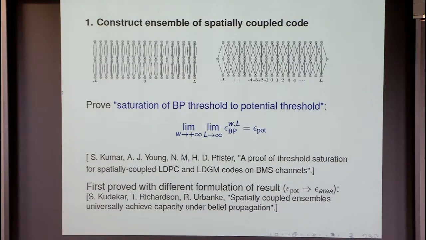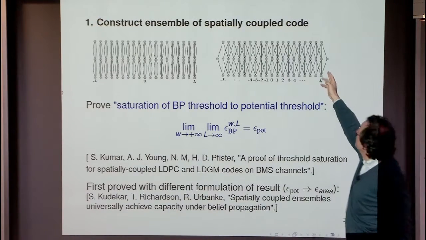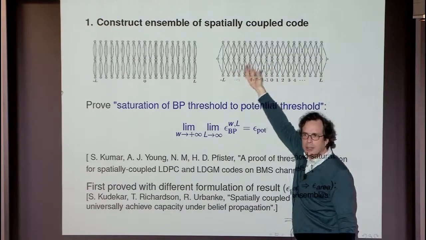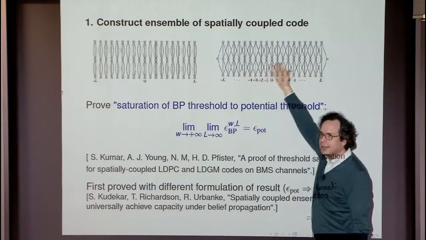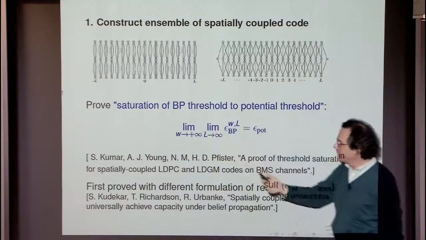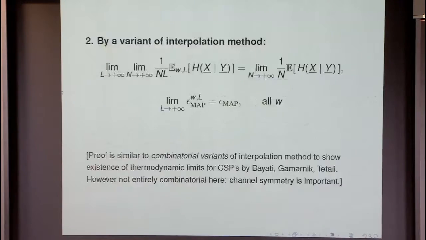And on the other side, we interpolate with another system where the coupling window is as big as 2L plus 1 here. So that's a completely connected system that's equivalent to basically L disconnected systems. And we do this again by some kind of variant of the interpolation methods that you have to hook up.